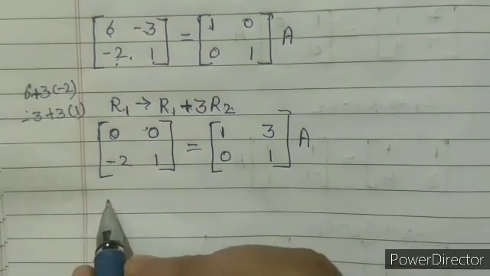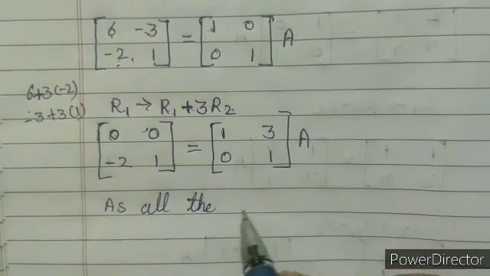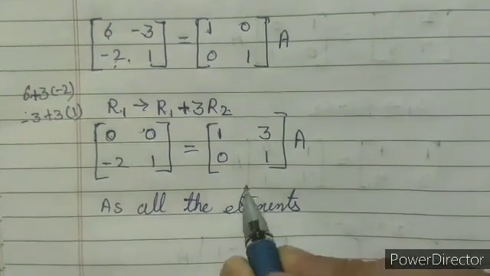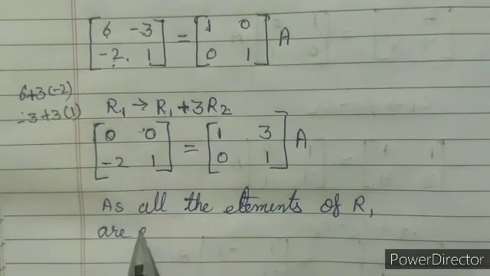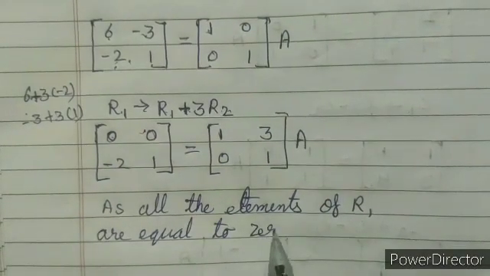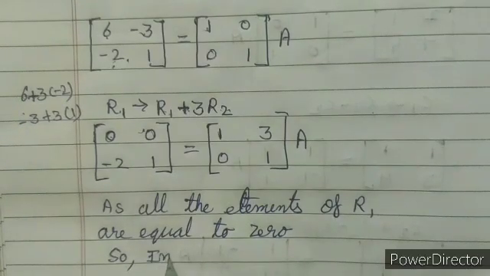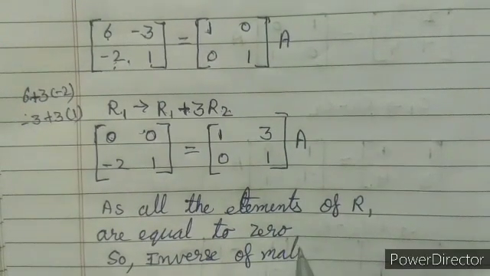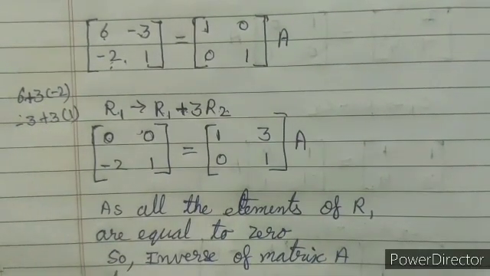Now here, as all the elements of row 1 are equal to 0, we can say that the inverse of matrix A does not exist.